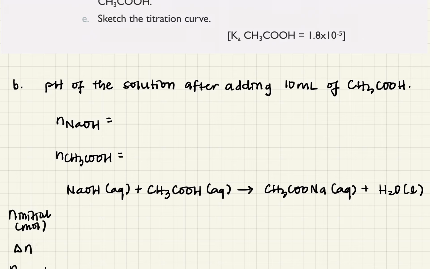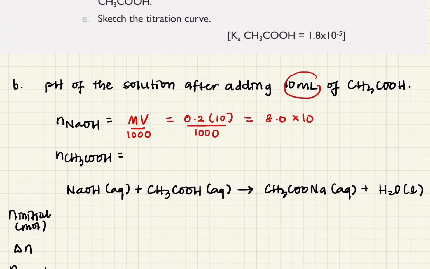To find the number of moles of sodium hydroxide, you can use the formula MV over 1000, because you have the molarity and the volume. Your molarity will be 0.2, your volume will be 40 milliliters, then you divide by 1000 because you want to change it into liters. So you will get 8.0 times 10 minus 3 mole of sodium hydroxide.